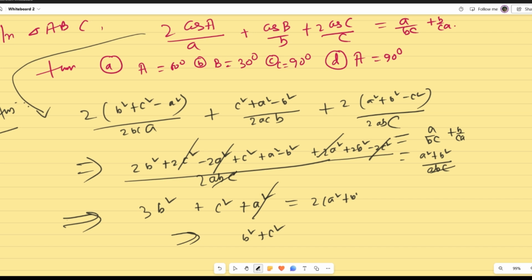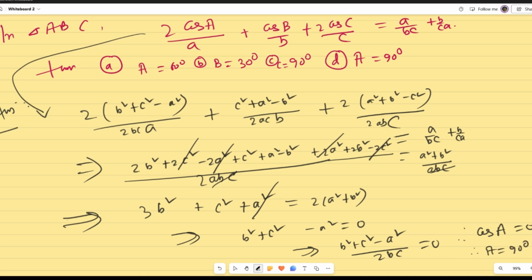So 2 into a square plus b square minus c square. This is 0 means 2bc cos A is 0. Therefore A is equal to 90 degree. Hope you have understood. Okay? Clear?